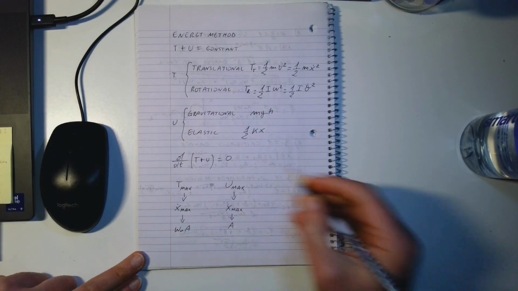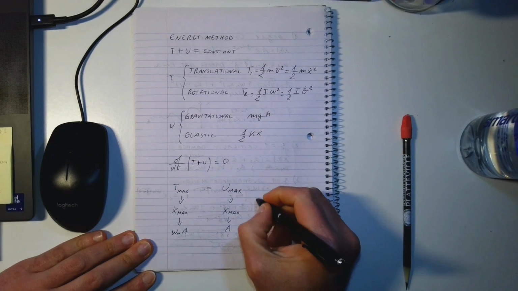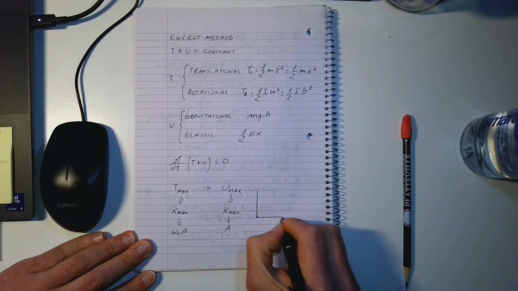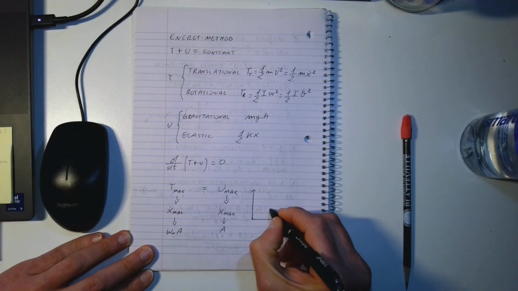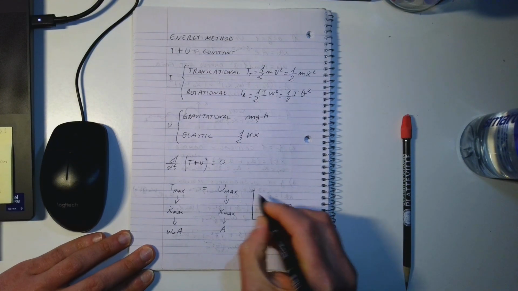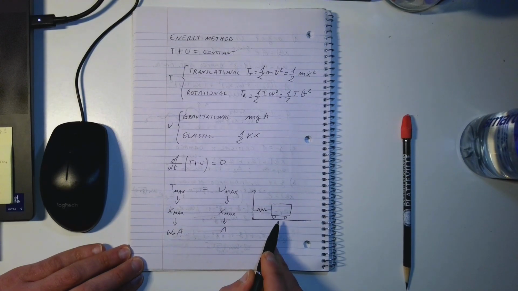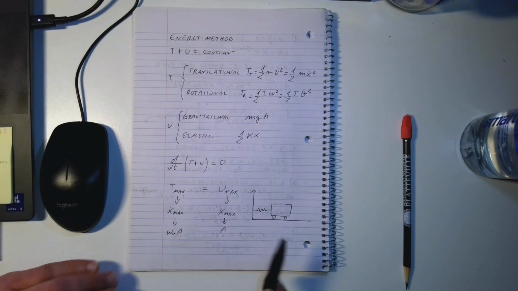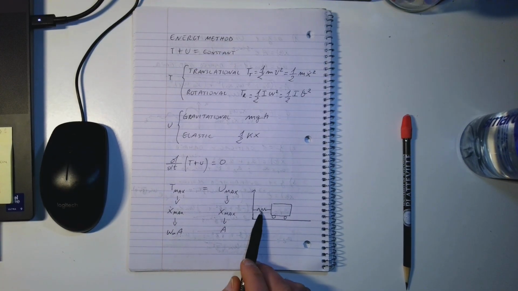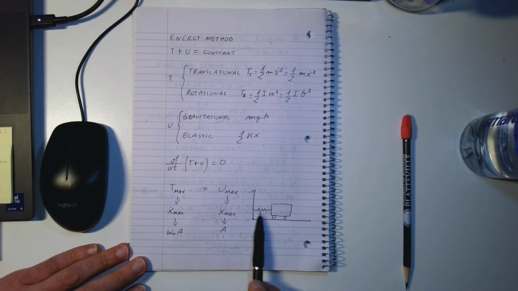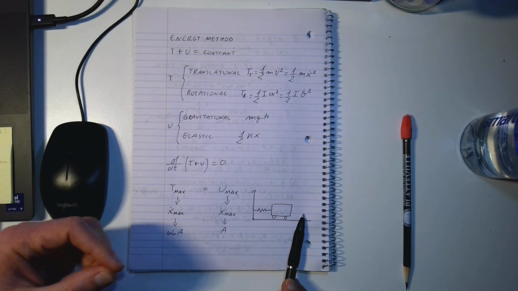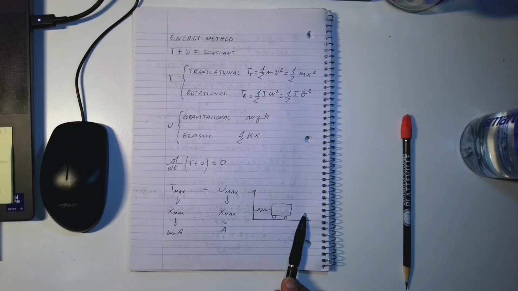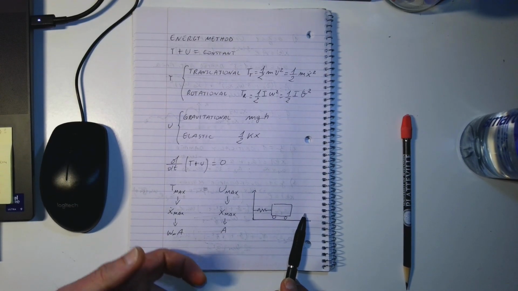So if we look at the example that we were seeing before, where we have a mass connected to a spring, if this is the static equilibrium position, where the spring is not stretched or compressed, when we have motion back and forth, on one side we will have maximum stretch of the spring, which means maximum potential energy, but this is where the mass stops, so we have zero kinetic energy.